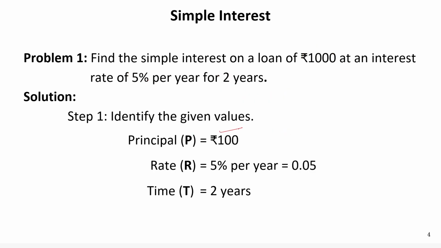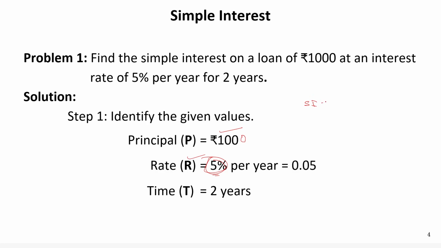So the principal is 1000. The rate is 5% or 0.05, but in the first formula we want it in percentage form, not in decimal form. If we convert this to decimal form, what will our formula be?